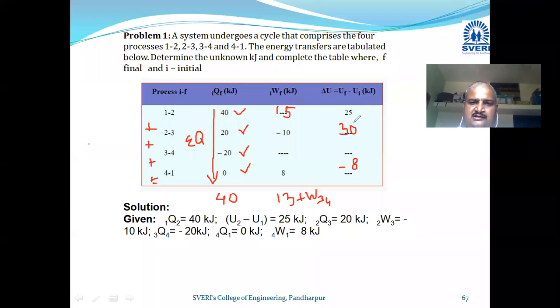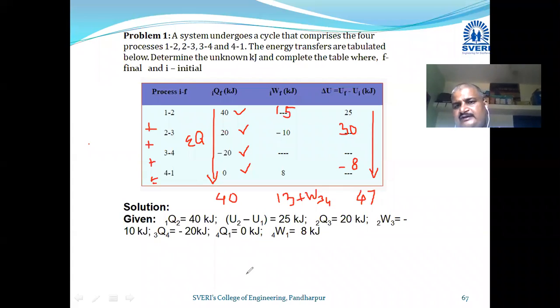Okay, and what is this? 25 plus 30 minus 8, 47. Plus 47, right? Total internal energy is going to be plus 47.